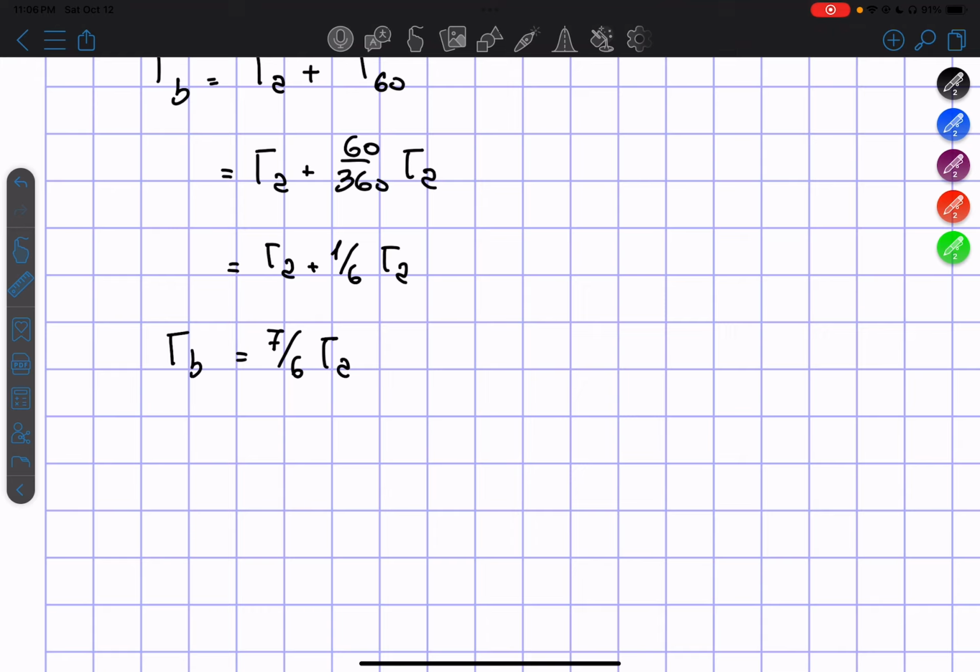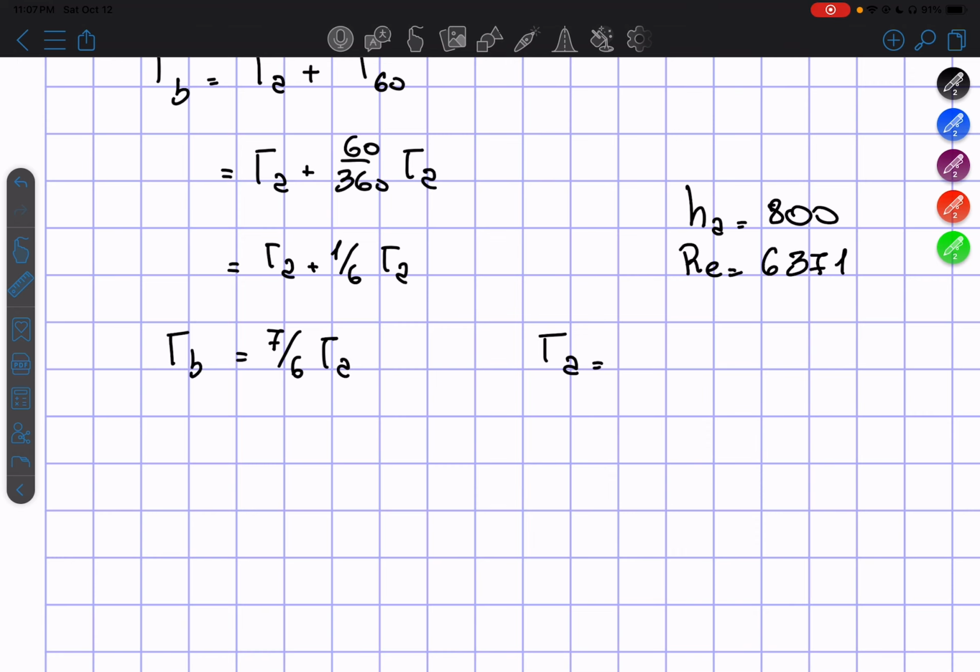Now, what is the period TA? Well, TA is simply a circular orbit with a perigee altitude of 800 kilometers. So the altitude of A at perigee is 800 kilometers, and we need to add the radius of the Earth, which is about 6,371 kilometers.